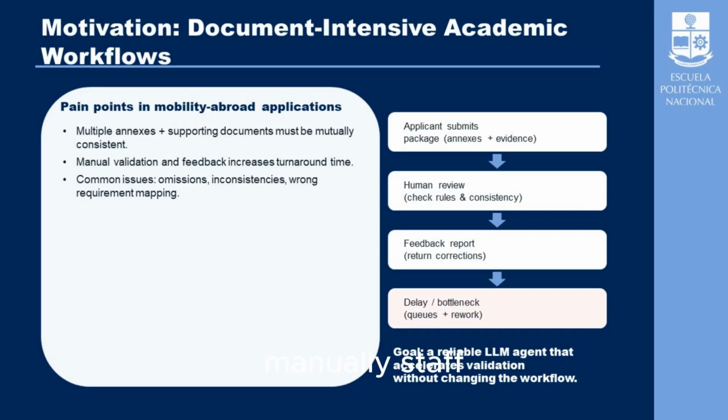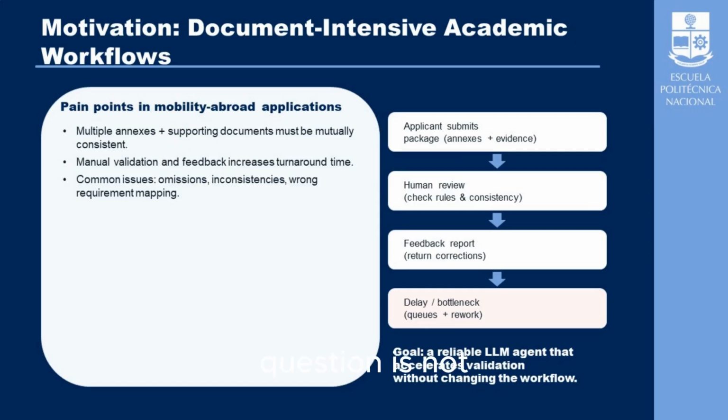Evaluation is performed manually. Staff review the package, identify omissions or inconsistencies, and then draft a feedback report for the applicant when issues are found. This manual process causes long response times, and in practice, it often misses the timelines applicants expect.